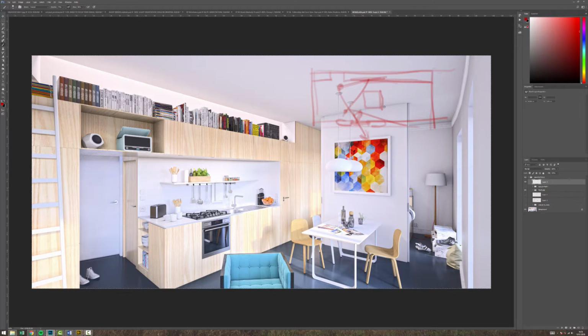So it could be a good trade-off between looking that way and having no information of what's happening here, or being here and looking that way and having actually all the information. You could even get from the reflection in this window some information of what's happening here, even though it's already quite interesting. So that's it for the composition. It feels a bit odd, but still it's not that bad.